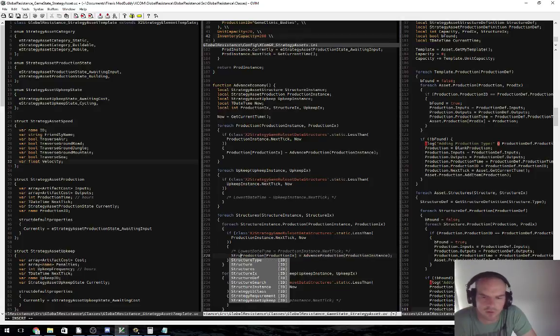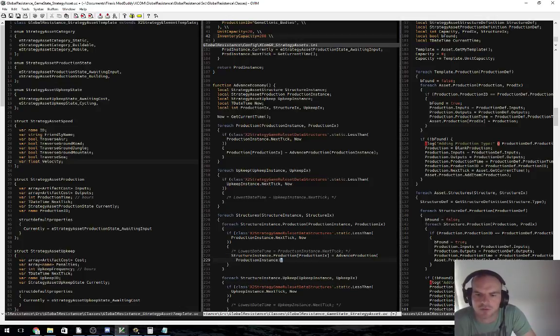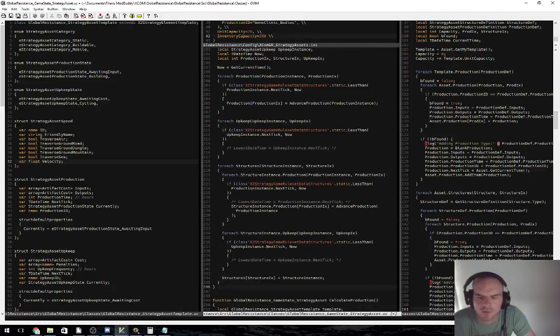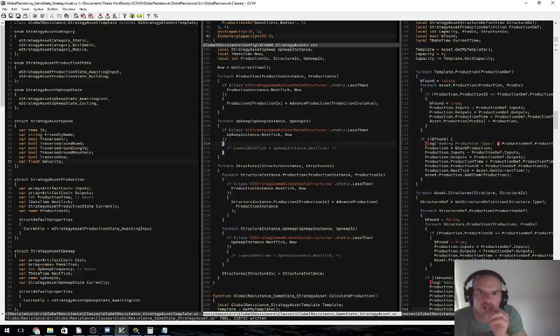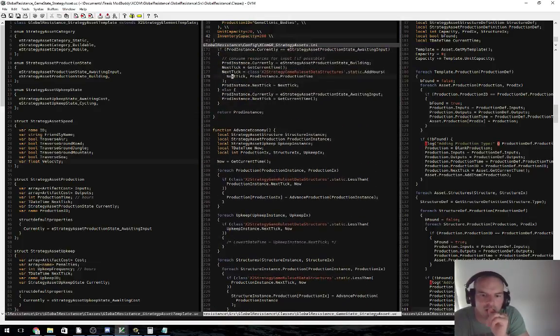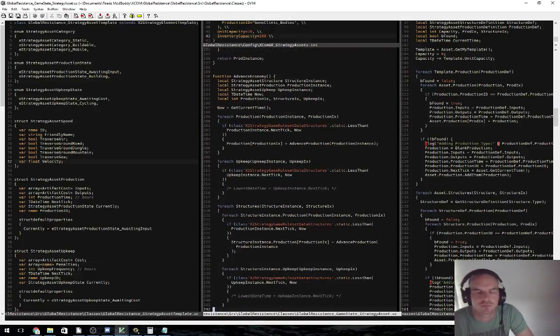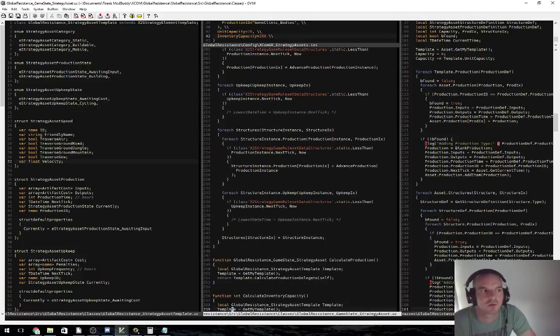So it's structure instance dot production, advanced production, production instance. Alright, that'll work, I think.